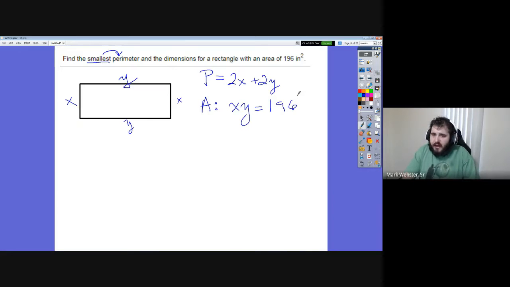One of the things that you're noticing, I hope: perimeter, this is what we're minimizing. Area, they actually gave us a quantity to work towards.